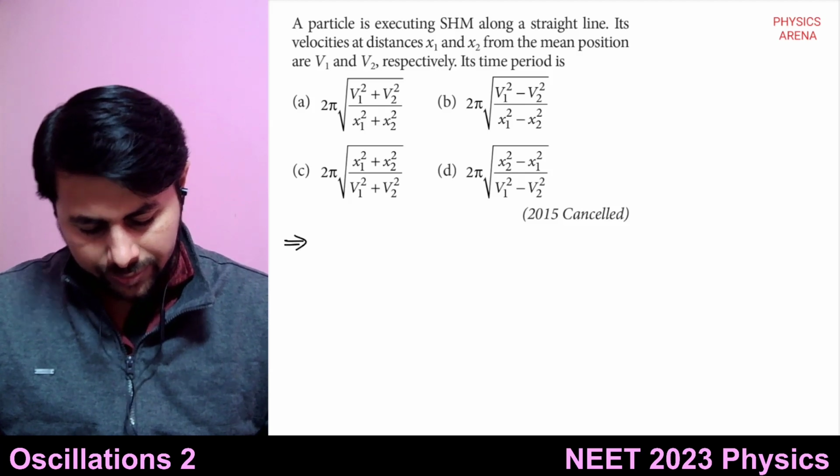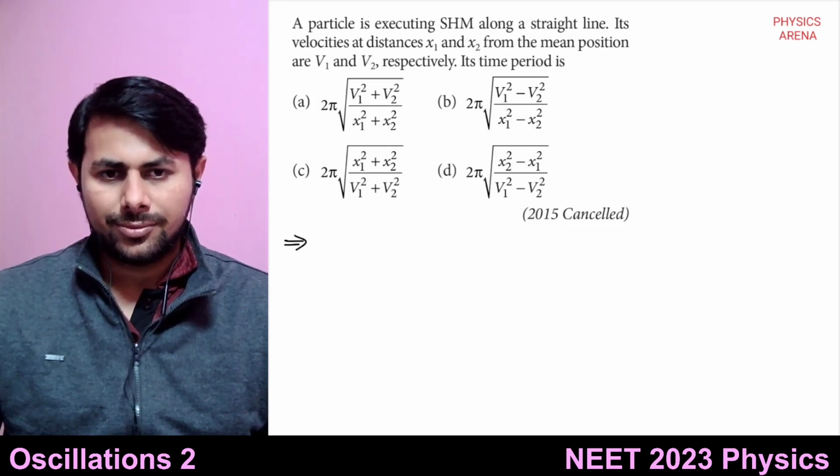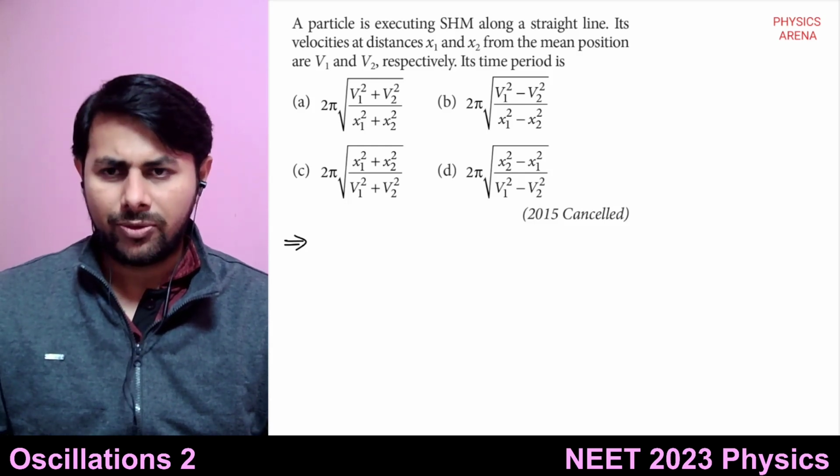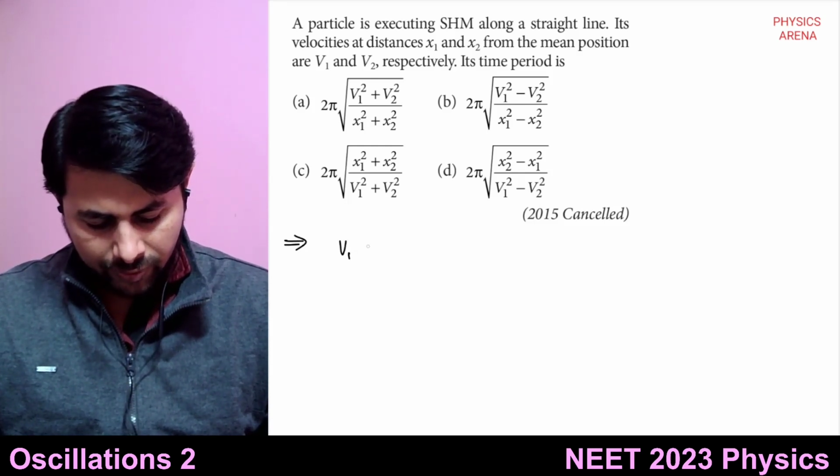So what should we do? We can write down expressions for velocities. What will be v1?